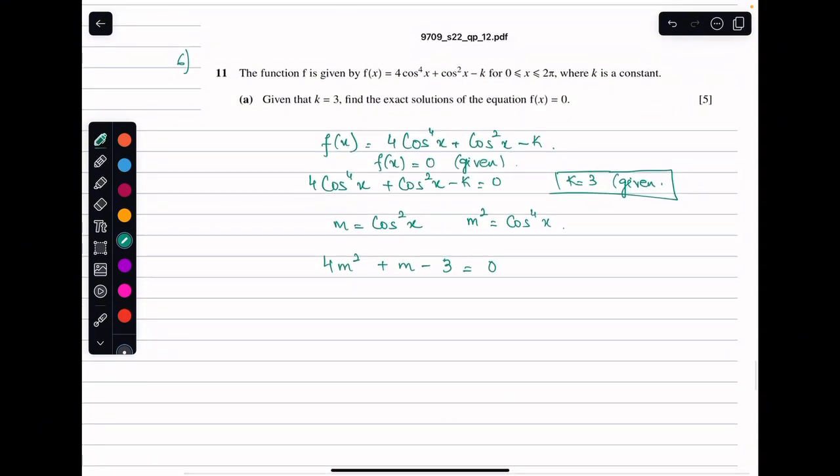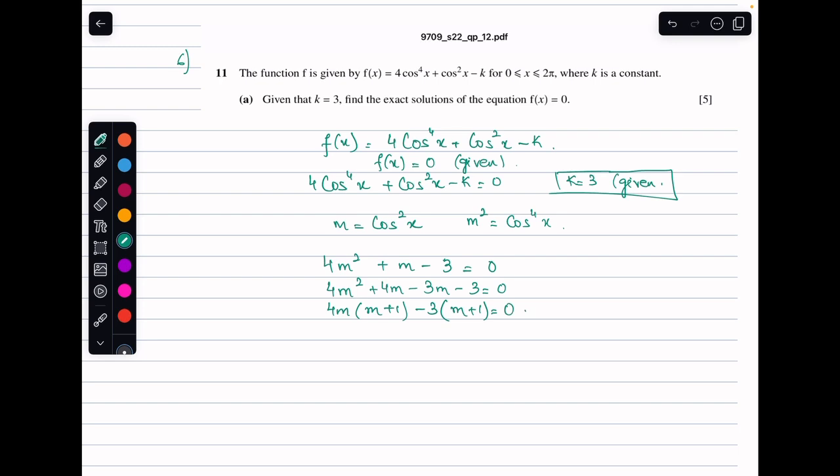So it's a simple quadratic equation. We know 4 times 3 gives us 12. I can just factorize it directly and I can say it's 4m squared plus 4m minus 3m minus 3, which is equal to 0. 4m common, I'll be left here with m plus 1, minus 3 common, again m plus 1.